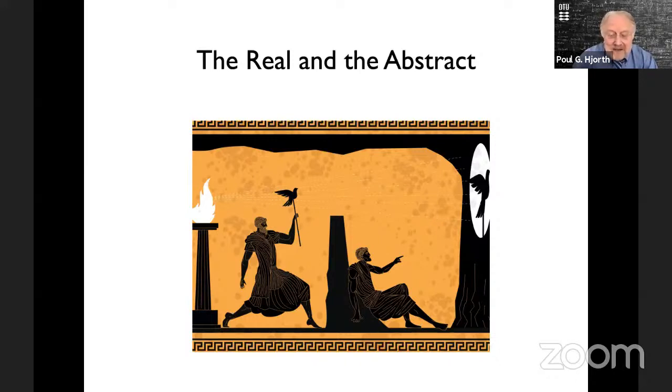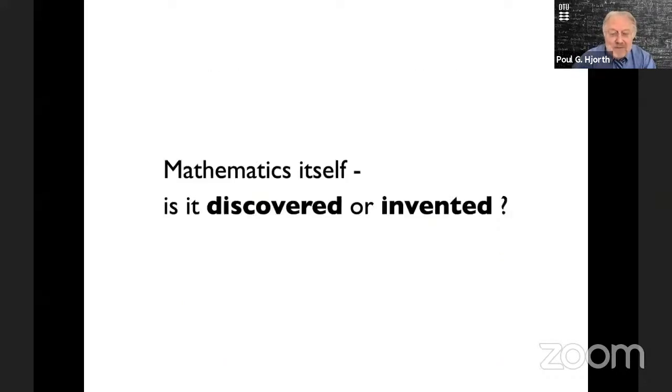the mathematical ideas really belong to some abstract realm, and then they can be more or less represented in the natural world. And there's a whole long discussion, which I'm sure all of you have been involved in from time to time, is whether mathematics is discovered or invented.